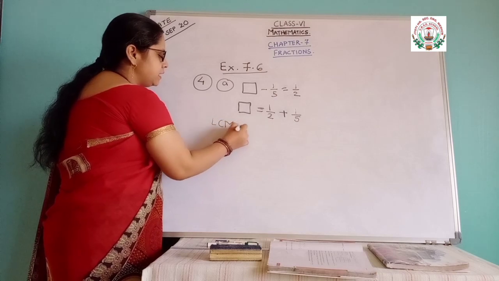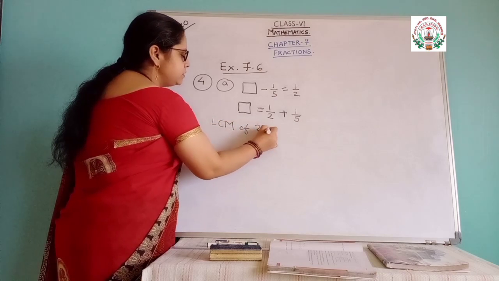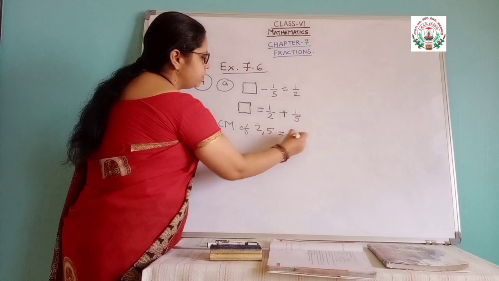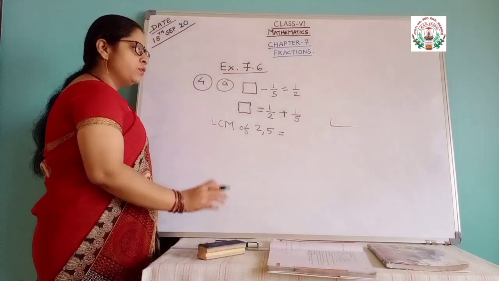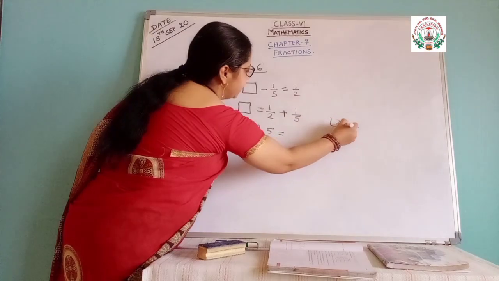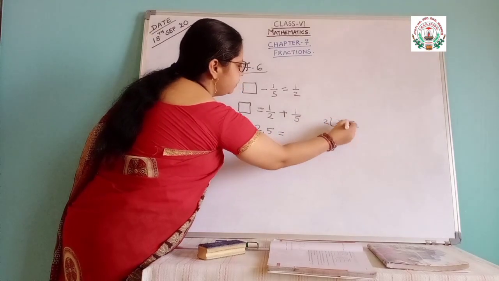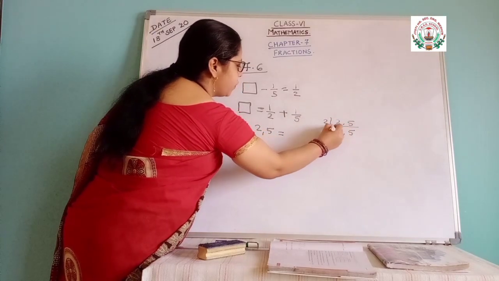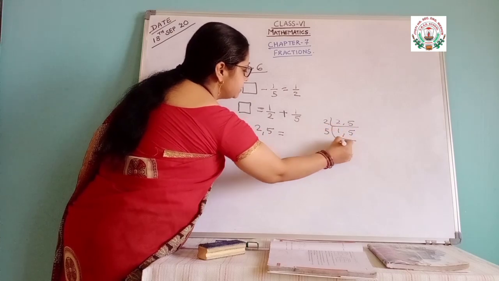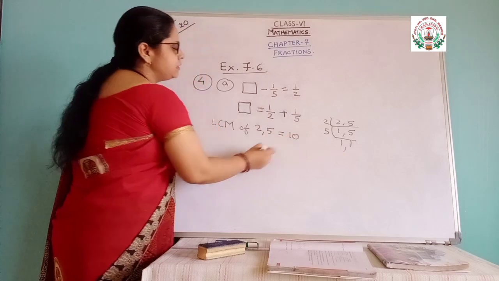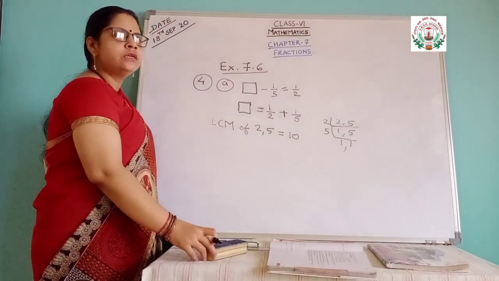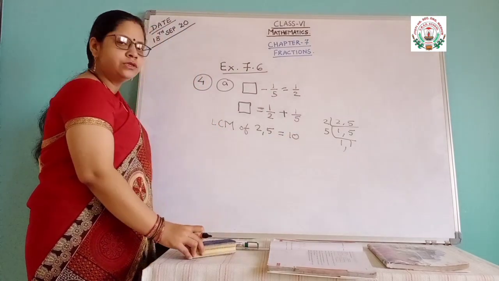Taking the LCM of denominators 2 and 5. 2 and 5 both are prime numbers. If you want to find the LCM, that also you can do: 2 ones are 2, 5 cannot be divided so 5 copying down, and then 5 ones are 5, 1 copying down. 2 fives are 10. Otherwise, if you want to do it the shortcut way, you must do that.